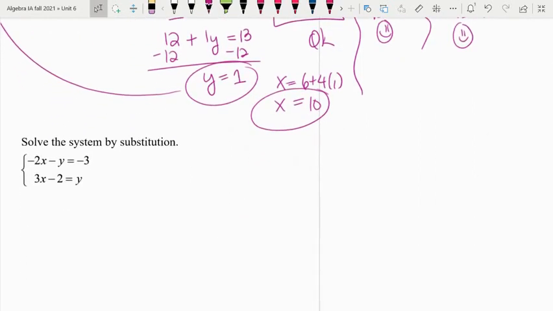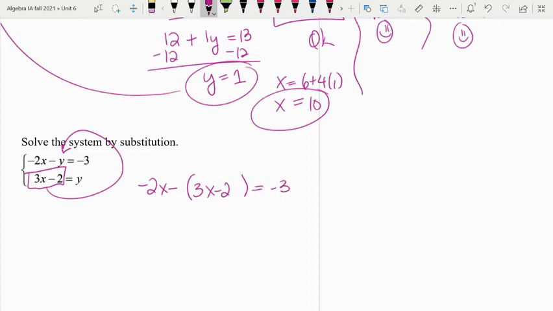All right, solve the system by substitution. Looking at this, I see that y equals 3x minus 2, so I'm going to substitute that. So I have negative 2x minus, I'm going to put a parenthesis here. Make sure you put parentheses, so 3x minus 2 equals negative 3. So I'm going to distribute that negative, which is the same thing as a negative 1.